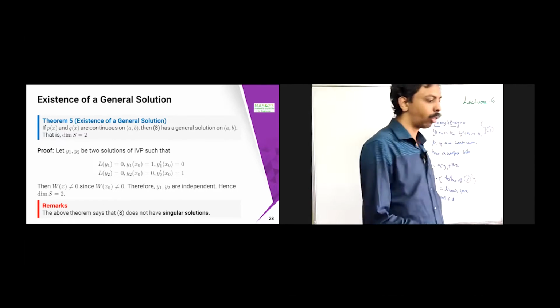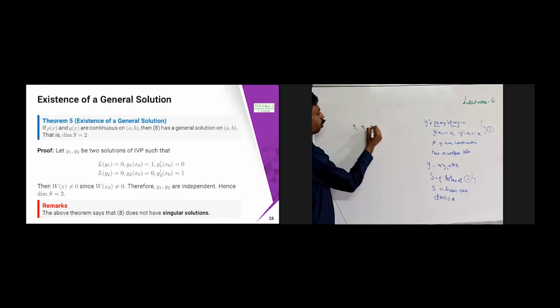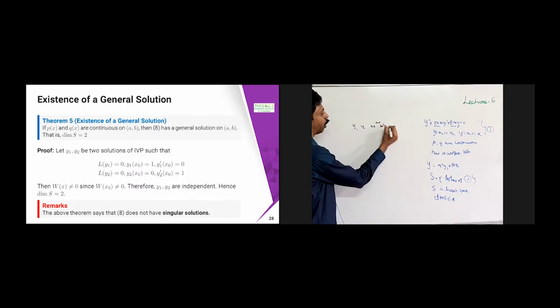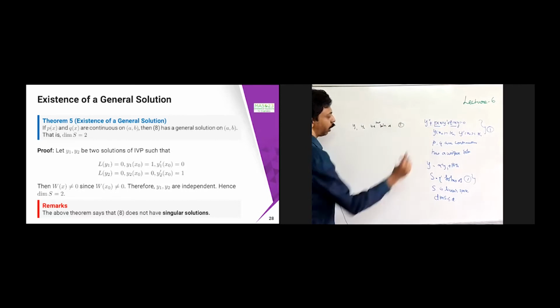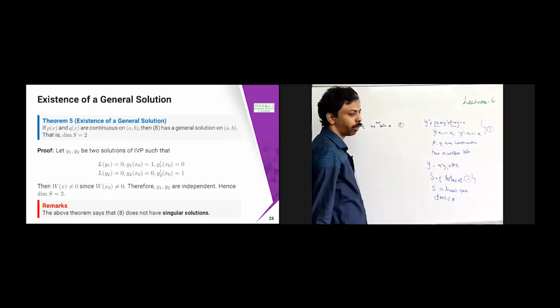For that, we are going to prove it with a simple logic. Suppose y1 and y2 are two solutions of this ODE, such that I define the conditions this way.